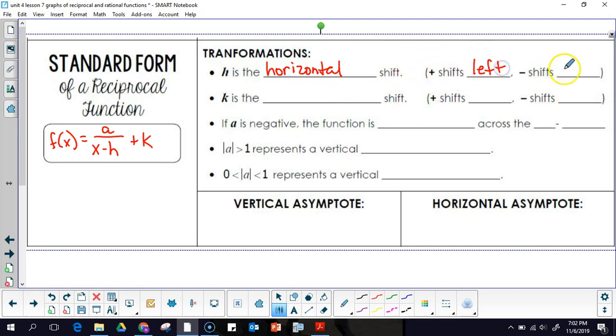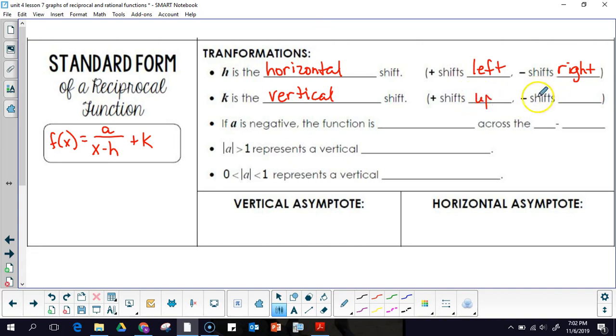Plus shifts left, minus shifts right. Okay, k is the vertical shift, whereas plus shifts up, minus shifts down.